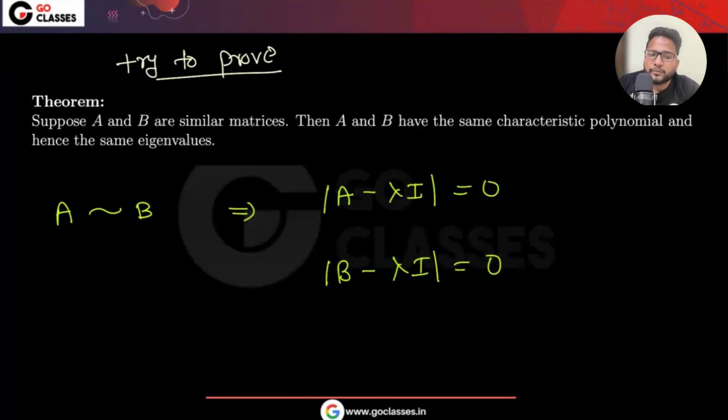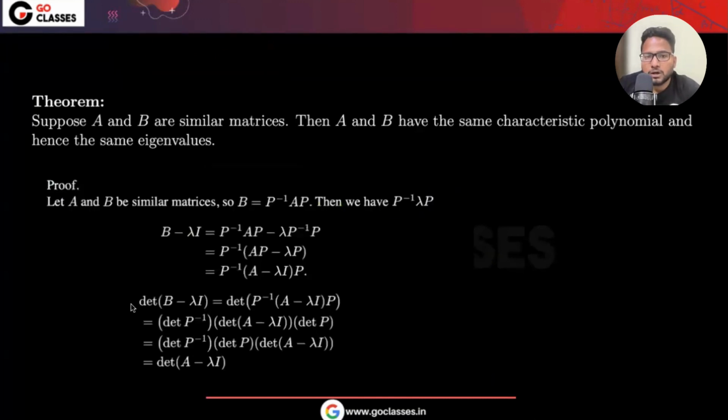So let's see if we can prove it. Let's suppose that A and B are similar matrices. Now let's suppose B minus lambda I, if I want to find out the characteristic polynomial of B minus lambda I. Instead of B, you can put P inverse AP, and then minus lambda into, instead of I, put P inverse P. So you can take P inverse common and P common from here, and then find the determinant of this.